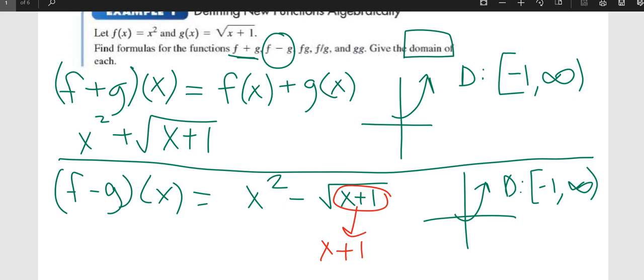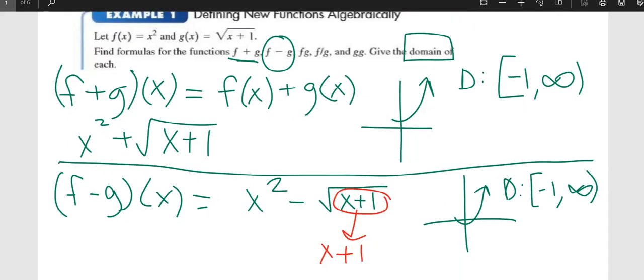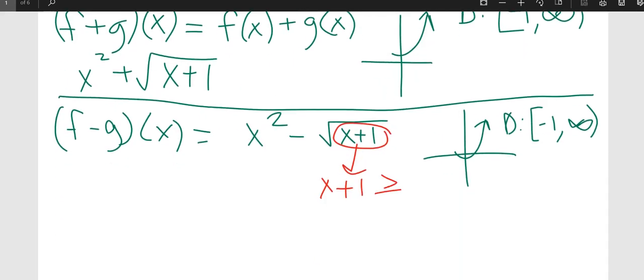Did you say positive and negative answers? I thought we just got done discussing this. Greater than or equal to 0. So, if it's greater than or equal to 0, solve that for x. Greater than or equal to -1. Hey, look, it matches.